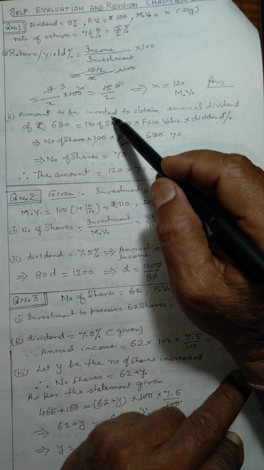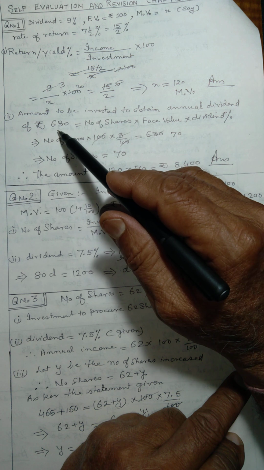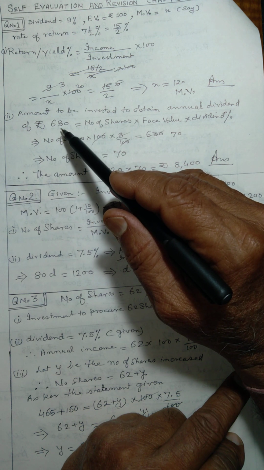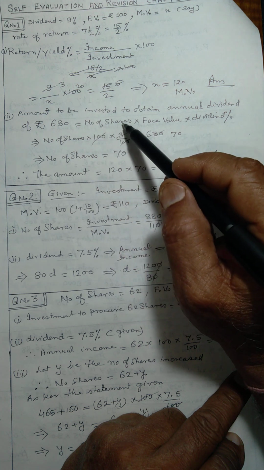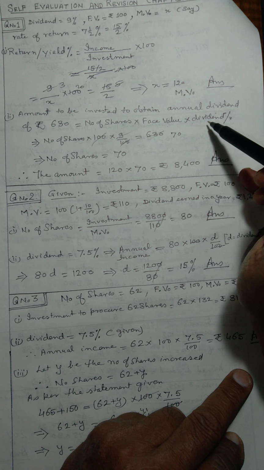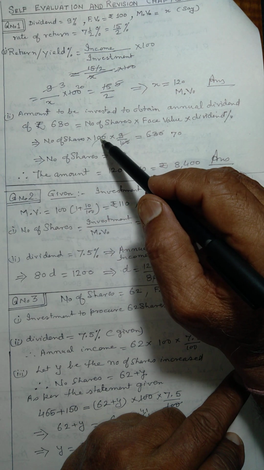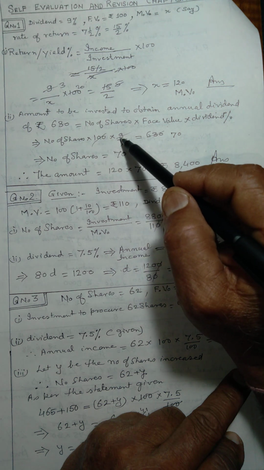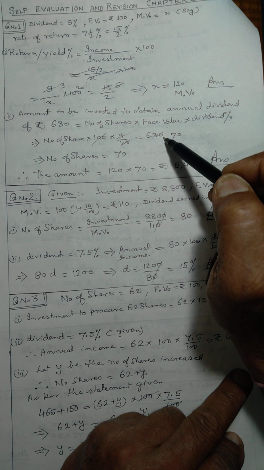Amount to be invested to obtain the annual dividend of rupees 630 will be equal to the number of the shares into face value into dividend percentage. So the number of shares into 100 into 9 by 100 will be equal to 630.